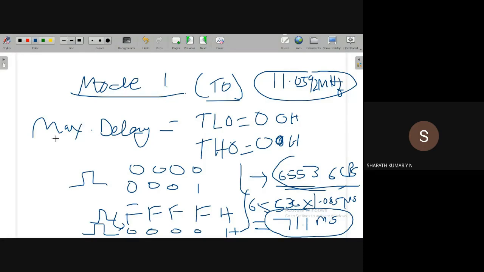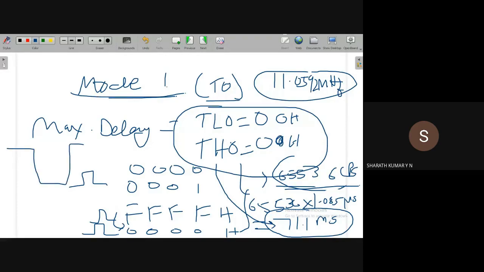That means if we use the timer in mode 1 operation with the initial count of 0000, it will generate a maximum delay of only 71.1 milliseconds. In terms of waveform, it will be something like this. Let us say I want this delay to be in terms of seconds.